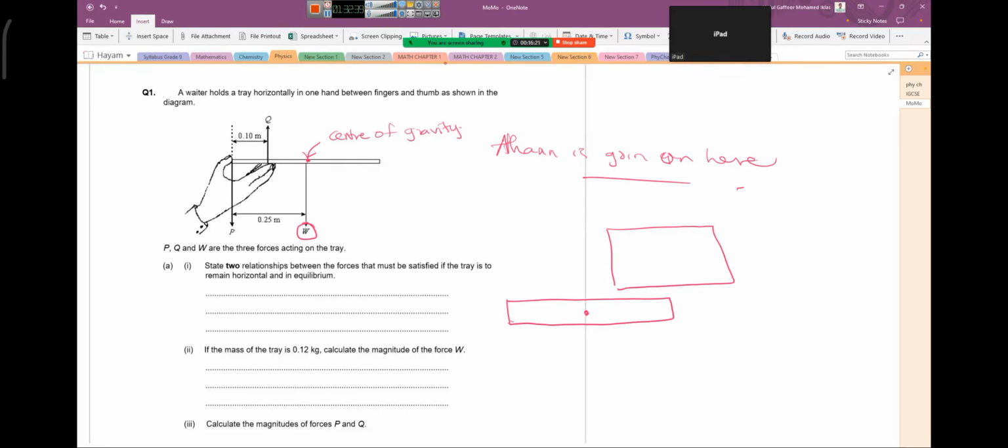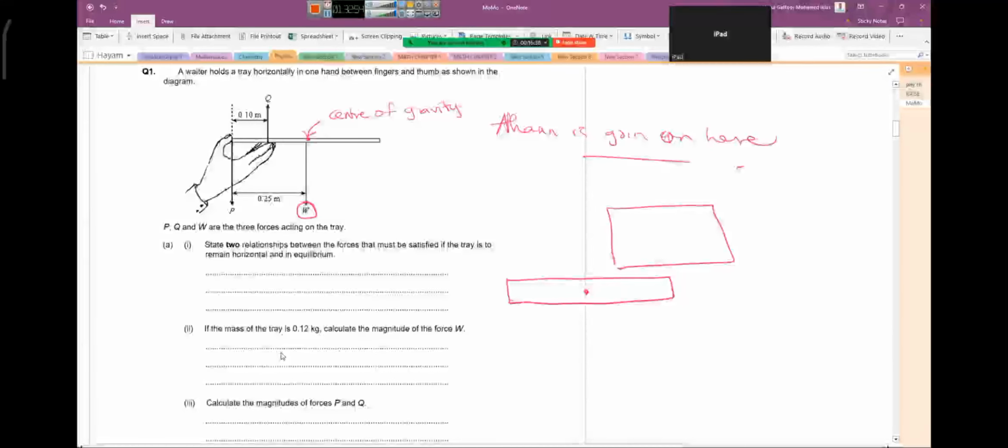Let me explain. This is the pivot. If this is difficult for you, the picture is given, so don't worry about it. Let's say this is the pivot.